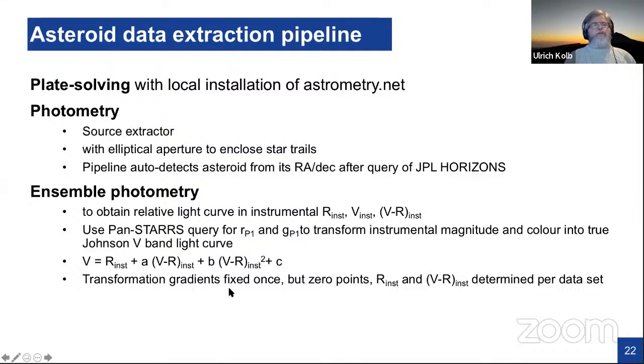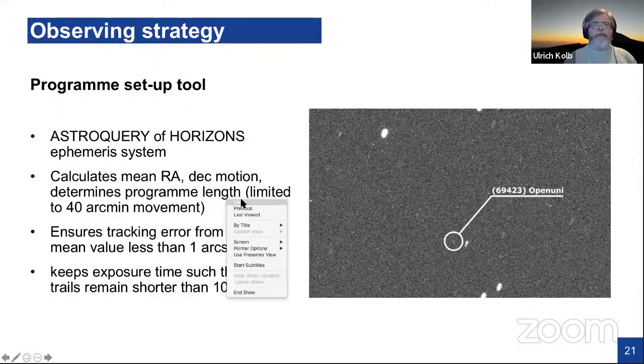These constants include zero points, which have to be determined anew each night, and also gradients, which of course remain fixed. And this is effectively the same as if you do absolute photometry on a star field, but a little more complicated because it's on a moving asteroid with trailed stars.